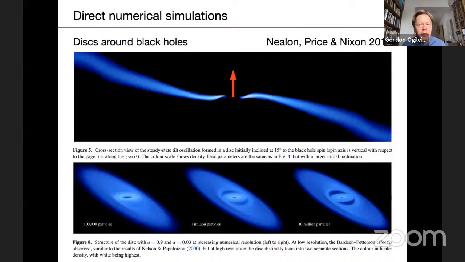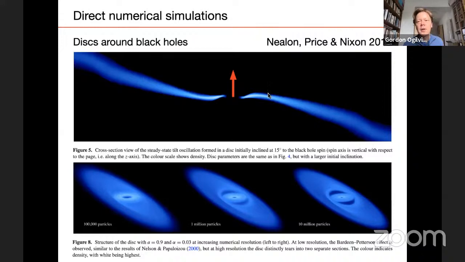There's also a lot of interest in disks around black holes, and again, simulations of this process. In some cases, they produce smooth warps, although here's an interesting example of where, contrary to the classic Bardeen-Petersen effect, the variation of the tilt angle with radius is non-monotonic.